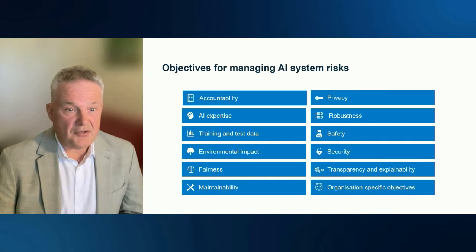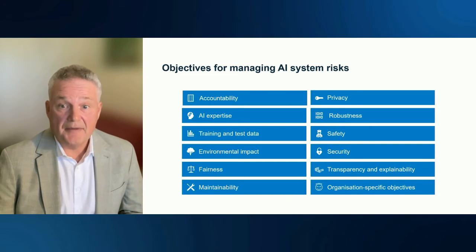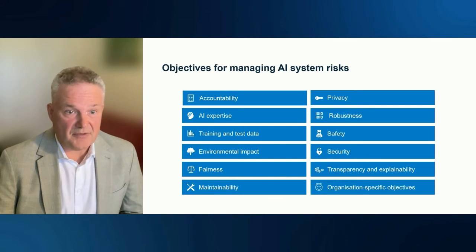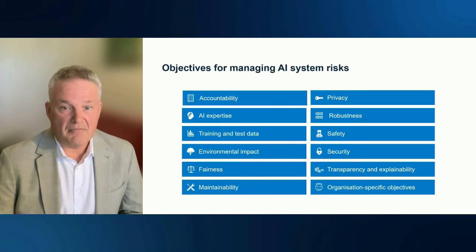ISO IEC 23894 provides more detailed information on these objectives and the risk sources and their relationship to risk management. Evaluation of AI systems initially, regularly, and when warranted, provides evidence for assessing an AI system against organizational objectives.